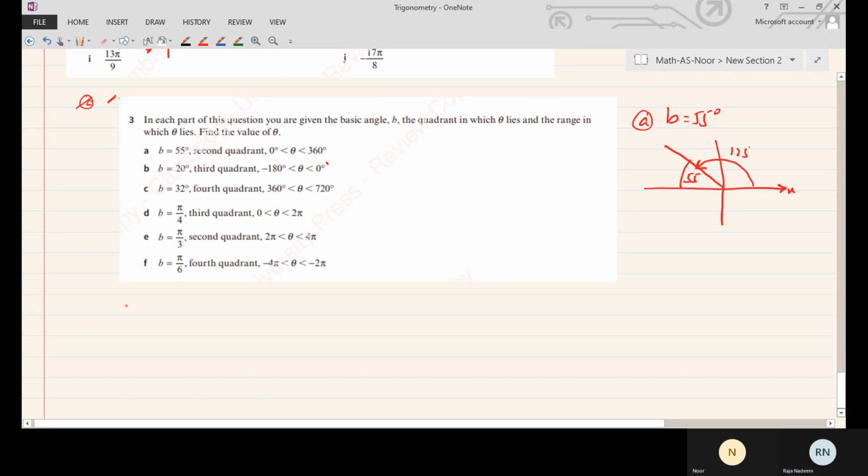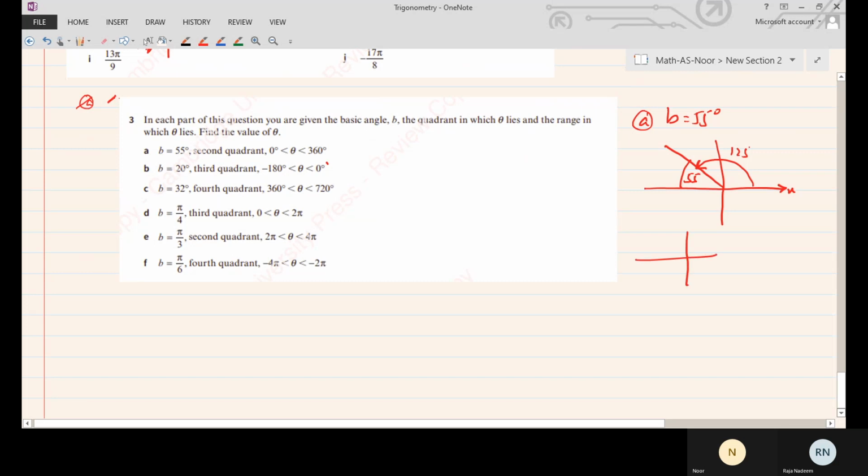So we have the basic angle and we have to find the general angle. So in part B, it equals 20 degrees in the third quadrant. Does this mean it's 20 degrees inside the third quadrant? Yes.